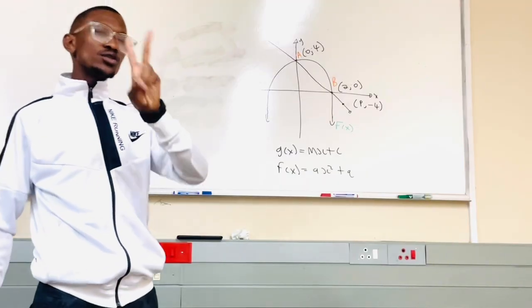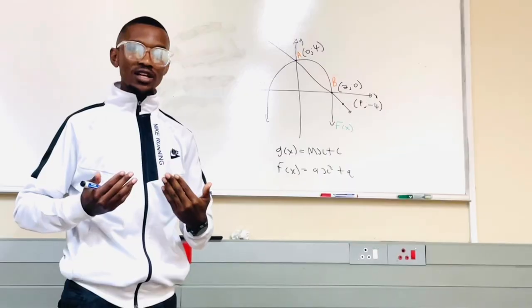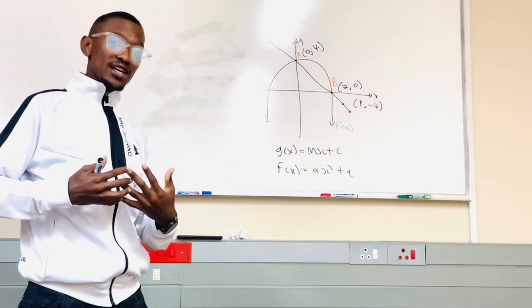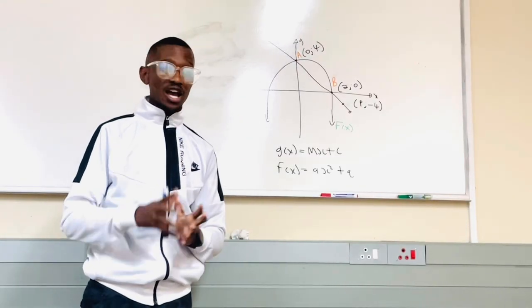And what are you going to do with the 2 points? You're going to use those 2 points to find the gradient between them. After finding the gradient, you're going to use one of the points that you have to find your equation. I'm going to show you guys.